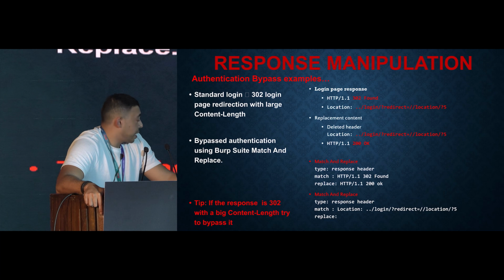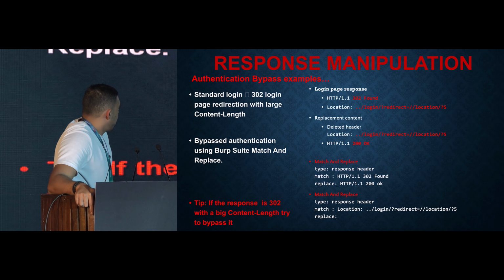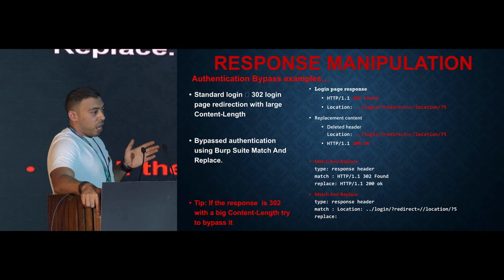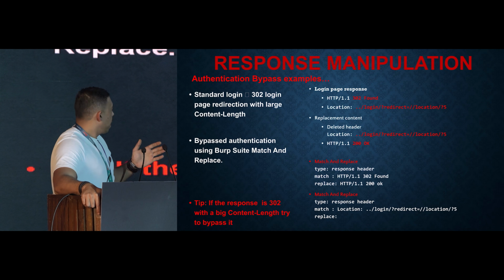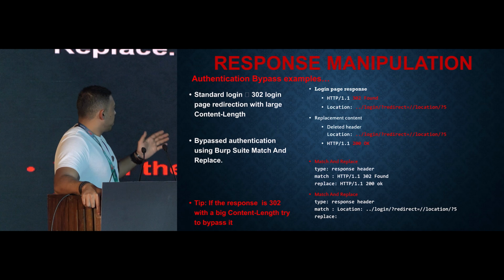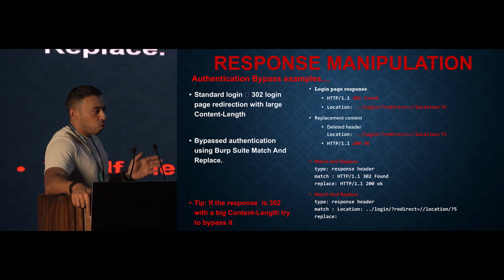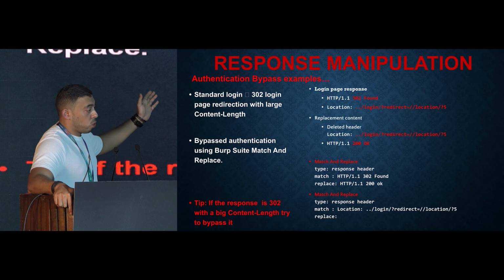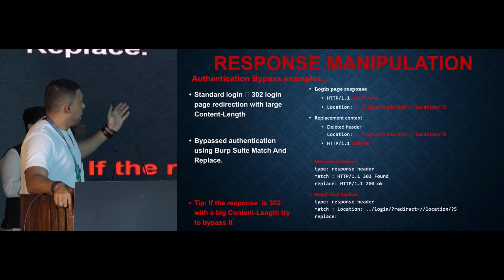Now let's start with the examples. In this photo, we have an example of a login panel. When you try to log in with any user or any password, we have a response, a 302 Found, and we have a Location header.